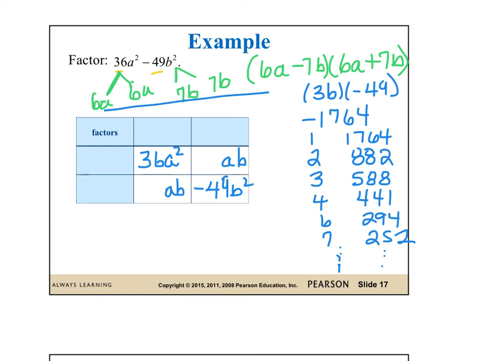42. Because 1764 divided by 42, which is the product of 7 times 6, is the combination of factors that it takes.